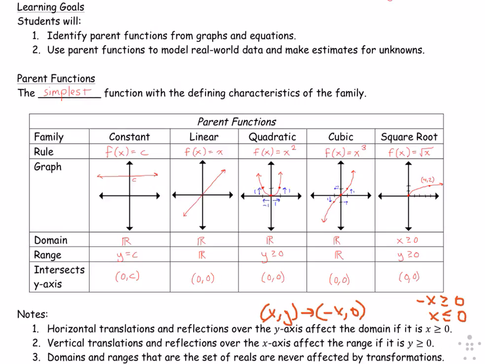Or if you're doing a vertical translation, let's say up by 3, then this will start here, and so then the range, you will also add 3 to that 0. 0 plus 3 makes that y greater than or equal to 3. And lastly, the domains and ranges that are the set of reals are never affected by transformations. So for linear, you never have to worry about their domain and range changing from transformations.